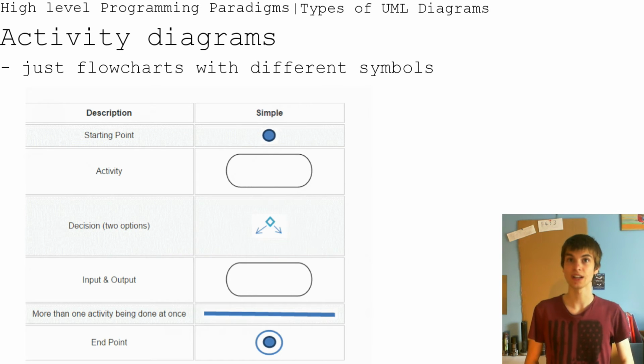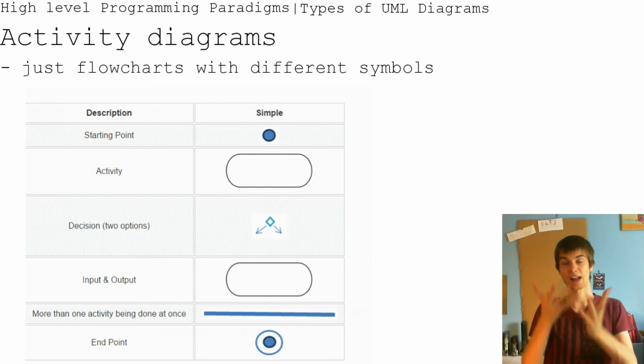So the simple version has the starting point, which is a basic circle, then an activity which is an oval, and a decision which is a smaller decision box with two arrows coming off it, and then an input and output, which is another oval shape. The other thing I forgot to mention is that horizontal lines are used when lots of things happen at once, and that's the same within the simple version.